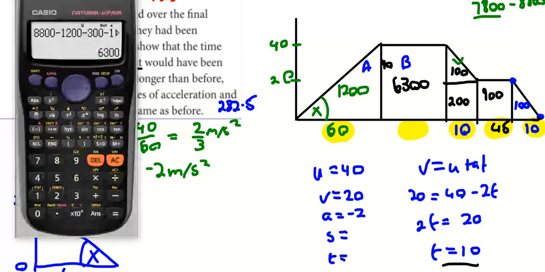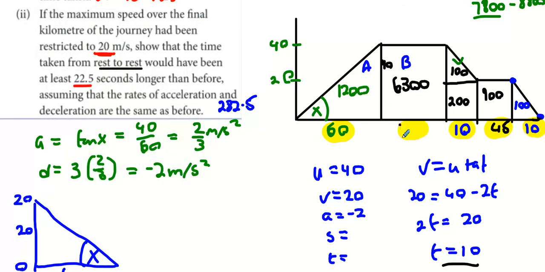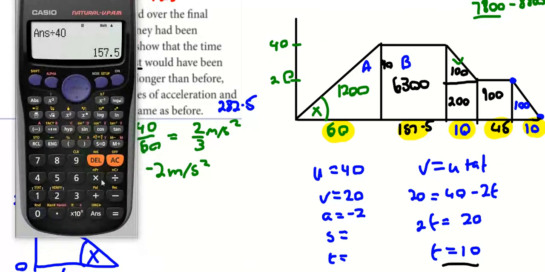So 6,300 divided by 40. Please have a decimal. Thank God. 157.5. And what should happen when I add all the times up together? Plus 10, plus 45, plus 10. Please be 282.5. And you're done. All right.